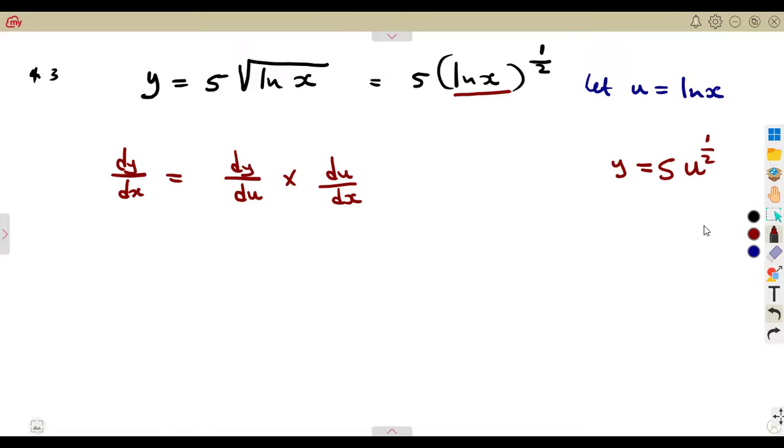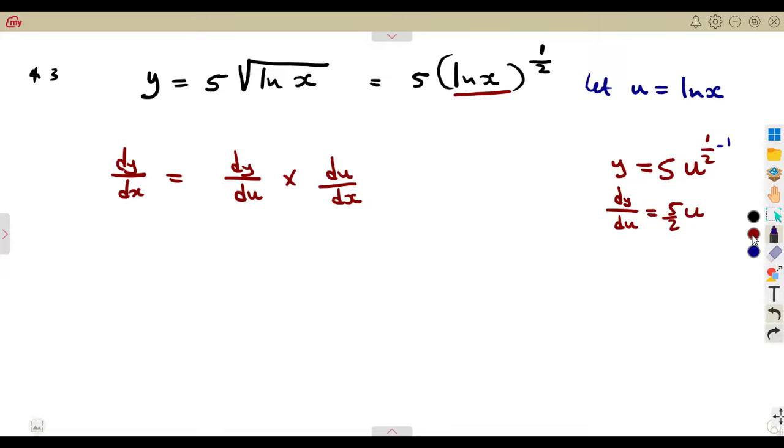That's why we need the derivative of y with respect to u. From this one, we can determine that derivative of y with respect to u. Simply drop the exponent. A half times a 5, that's 5 over 2. U to the exponent of what? You subtract a 1.